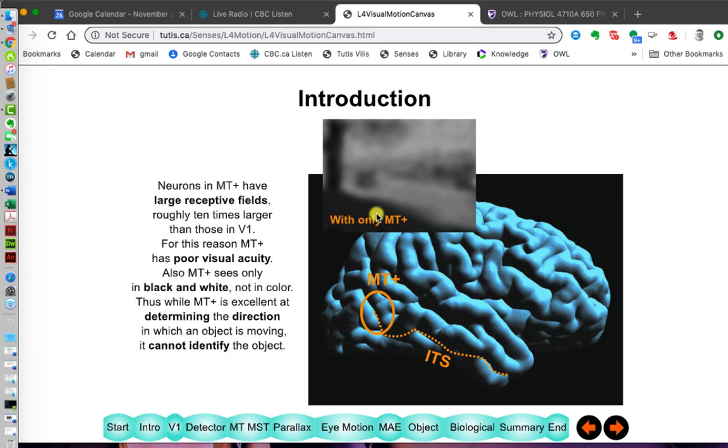But it is very poor at identifying objects. You can see here that something's moving, and it's probably a car, but you can't tell much else about it. The other thing that is different is that it's in black and white. It's lost its ability to sense color because of the projections it gets from the eye.